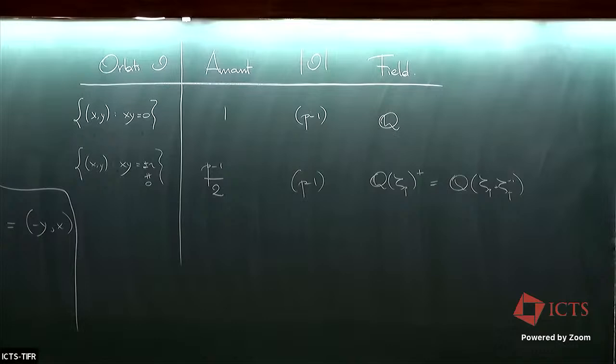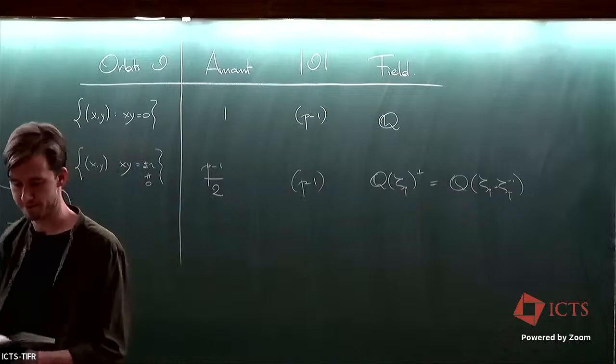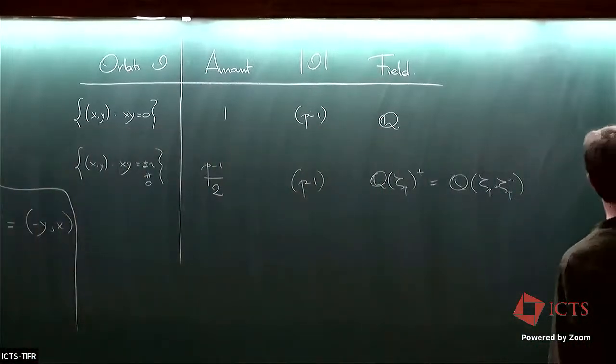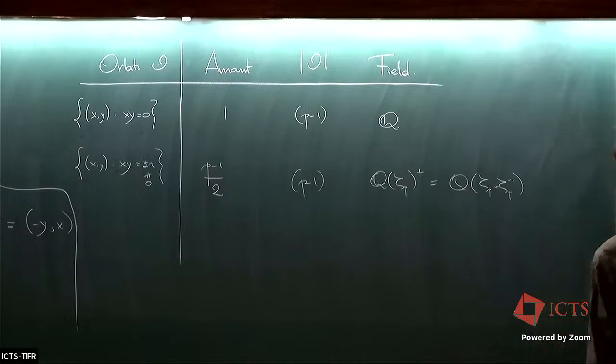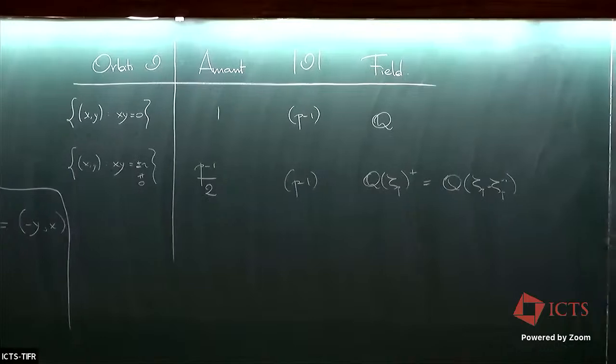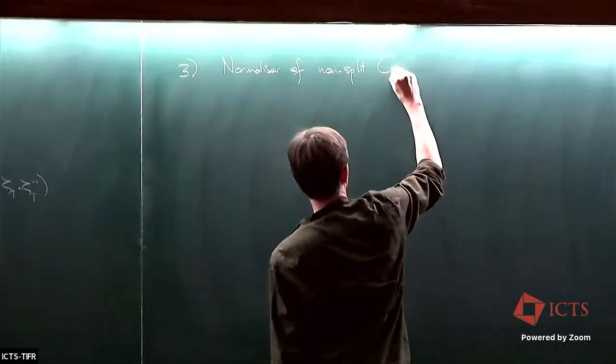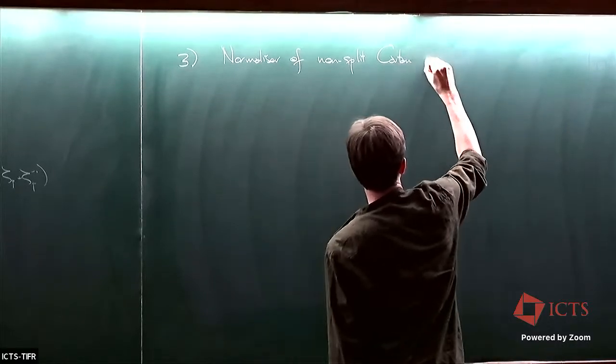So not something that we can make, up to conjugation, equal to the diagonal, but something that's a genuine non-split torus, meaning F_{p^2}^*. And so let's get to that one next. There's also the normalizer of a non-split Cartan subgroup.